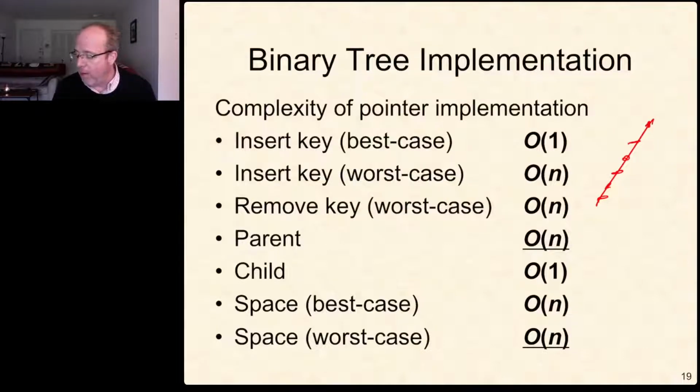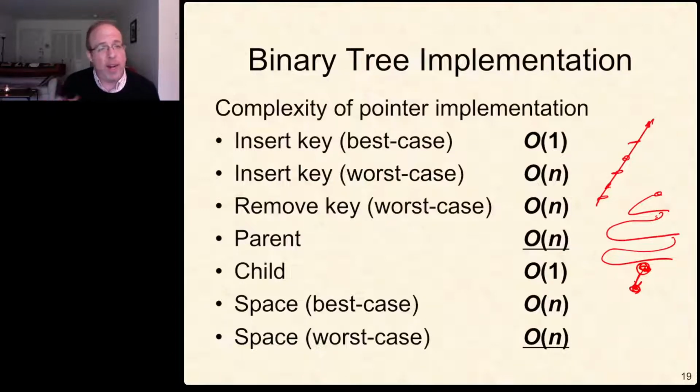Finding the parent is now linear because if we have some node that's deep in the tree and we want to find its parent, we have to start at the top and walk the entire tree until we find the one that happens to point to it. So that's linear. Turns out we're not going to need to do that very often, and I'll come back to why that is in a second.